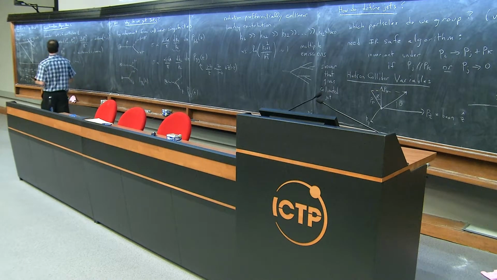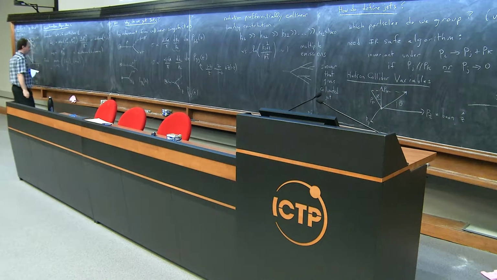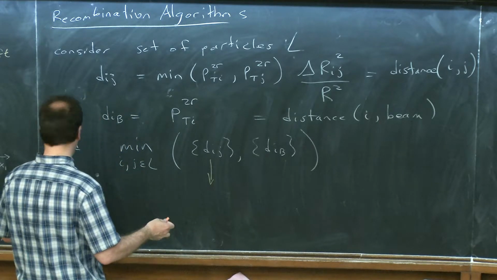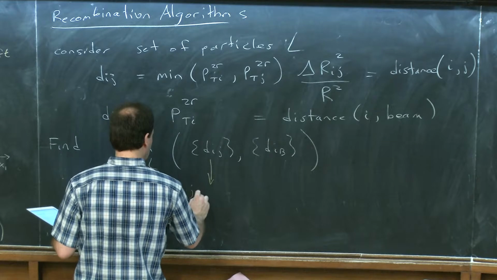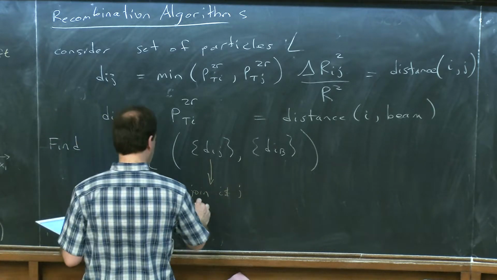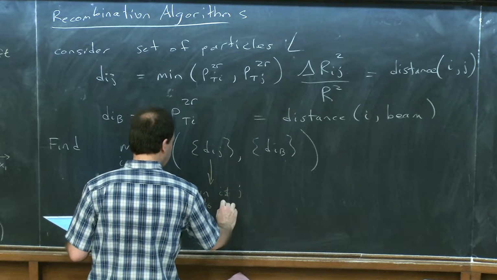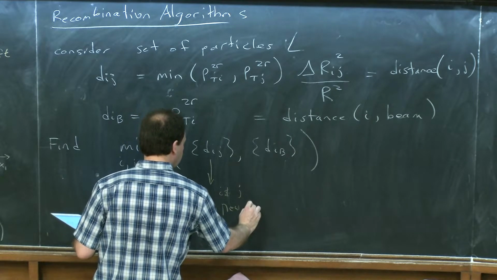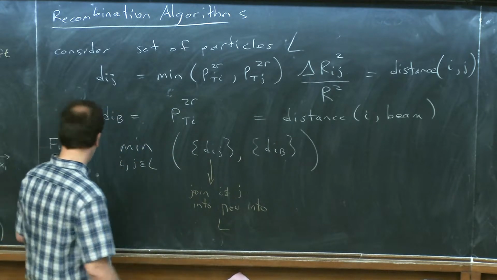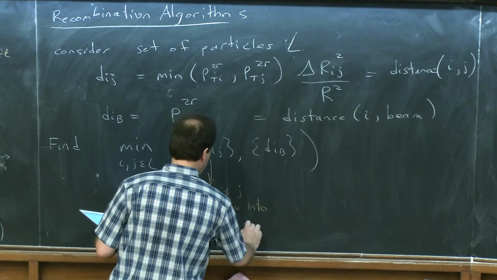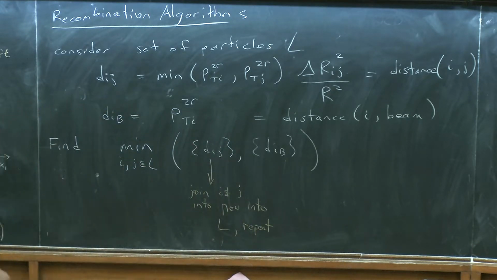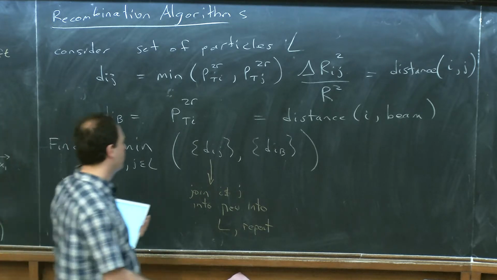If some d_ij is the minimum, then I group i and j together because they're nearby. So I take i and j and form a new particle and stick that particle in L. And then I just repeat. So now I've got a new L. I've gotten rid of those particles, I've got a new particle, and then I go ahead and do the same procedure again.